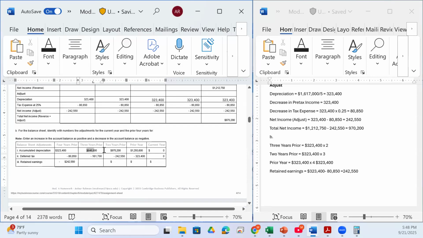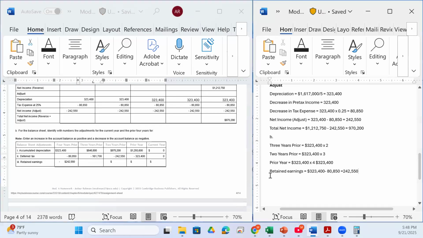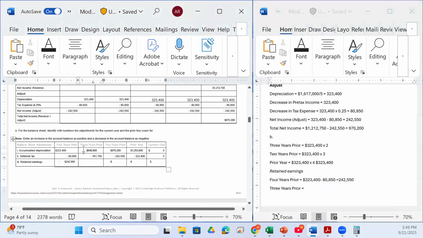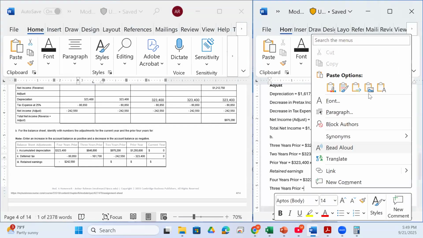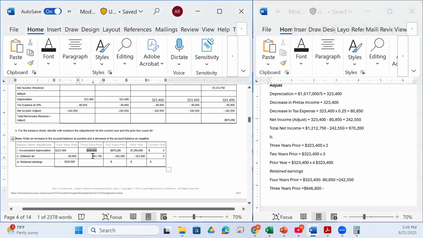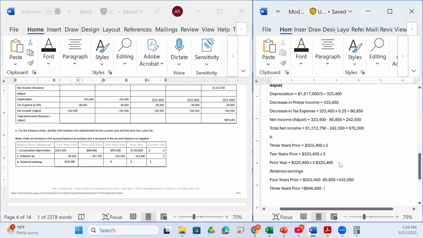Now, this number, so retained earnings, this is 4 years prior, and then 3 years prior will be our accumulated depreciation, and then minus our deferred tax.